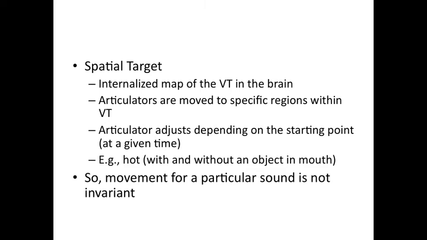For example, even vowels. According to the spatial target, you are moving your articulators depending on what your starting point is. If I talked about isolation, the starting point is how you want your speech sound to be. But if I talked about co-articulation, where I'm producing very many different speech sounds at the same time, for the context sensitivity, my articulator movement varies for each kind of speech sound according to that context, if that makes any sense.